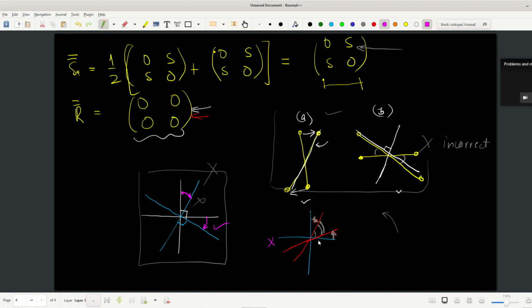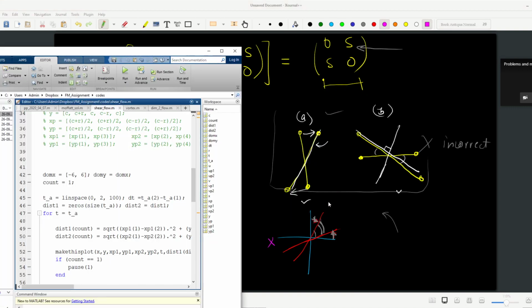If we consider a circle, then the circle will become an ellipse. Yes, it will become an ellipse. So there will be rotation. How can we get zero? For the ellipse, you have to consider the principal axis of the ellipse. So let me show that simulation. Thankfully, I've done it.